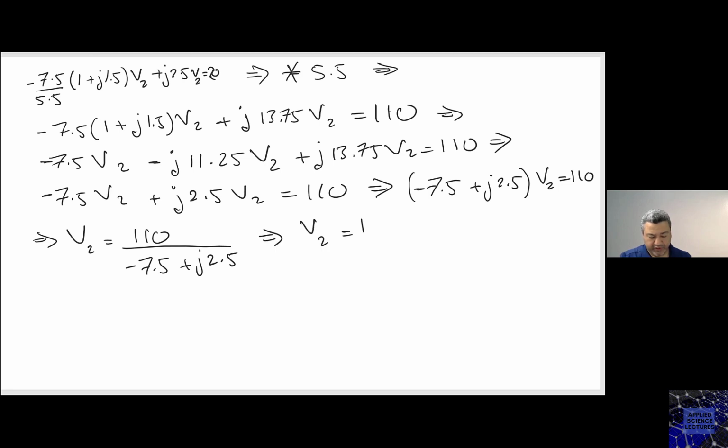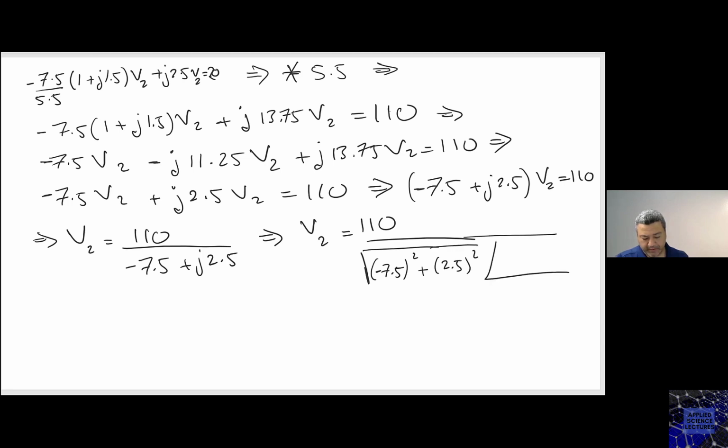V2 equals 110 divided by the square root of minus 7.5 squared plus 2.5 squared, with the tan inverse of 2.5 divided by minus 7.5.